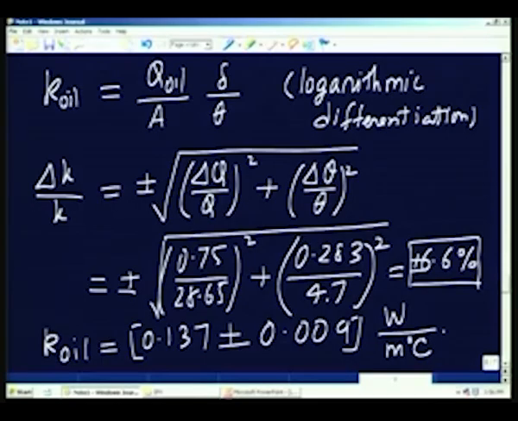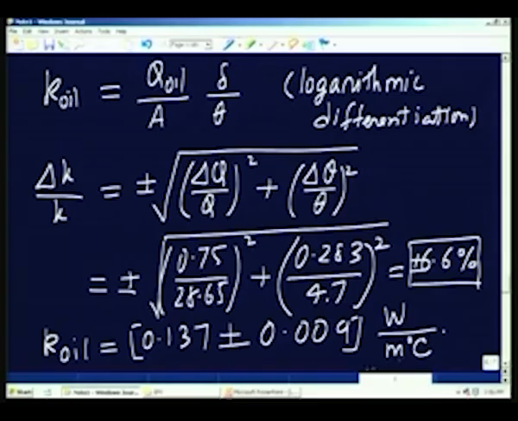Just to recapitulate what we have done in evaluating the error bar or the uncertainty of the thermal conductivity of the oil, we have taken into account the errors or the uncertainties specified in the value of q and theta, and all other values have been assumed to have no uncertainties because they are not specified in the problem.